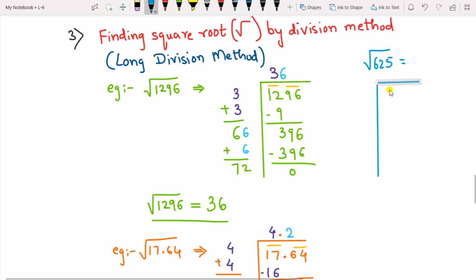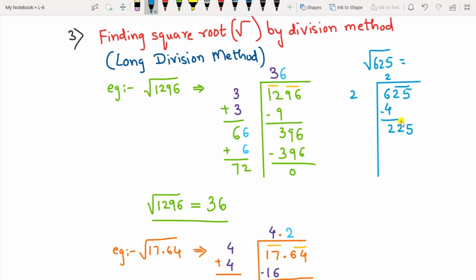That is 625. Now pair the numbers from the right hand side. Now 6 alone remains, let it be. Now 6 comes in the square table: 1 1s are 1, 2 2s are 4, 3 3s are 9, which becomes greater than 6. So you have to take 2 2s are 4. Then subtract this, it becomes 2. Then 25 comes down together.